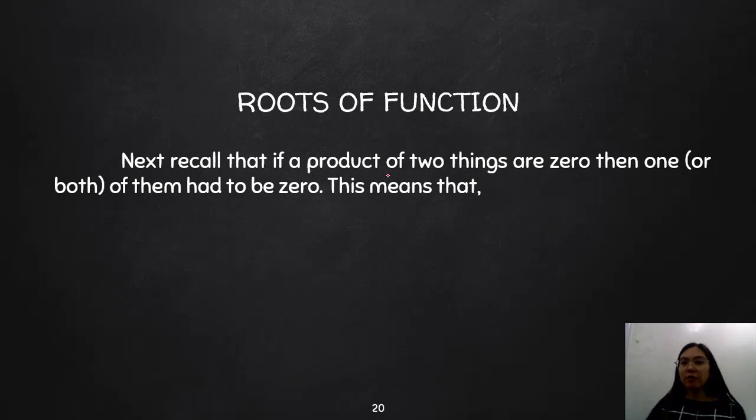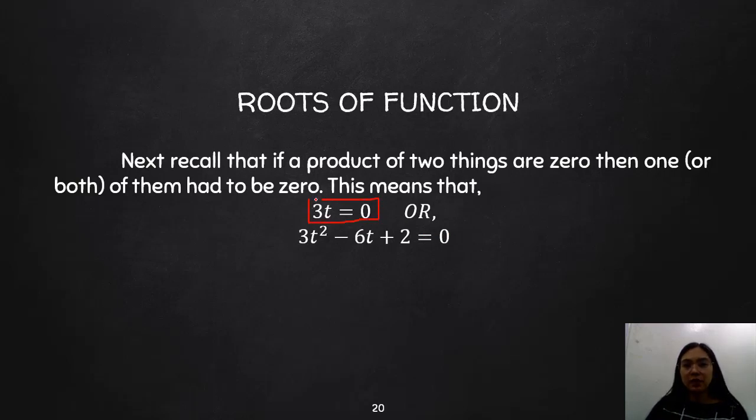Next, recall that if a product of two things is 0, then one or both of them had to be 0. What does this mean? So this means that your 3t is equal to 0 or 3t squared minus 6t plus 2 is equal to 0. So ibig sabihin, yung isang root mo ay equivalent na siya sa 0.